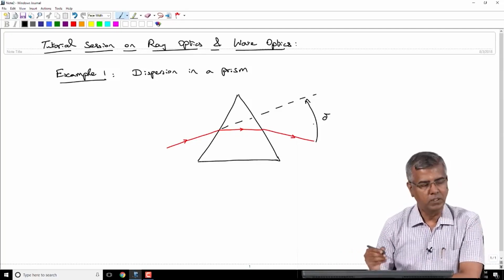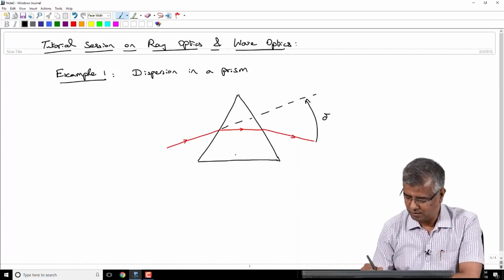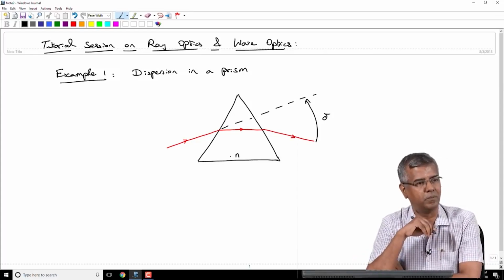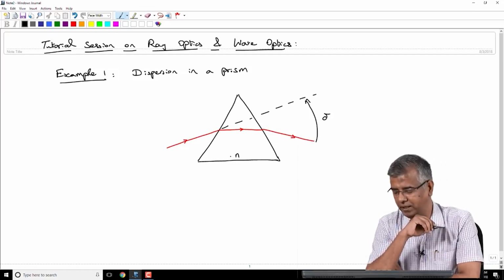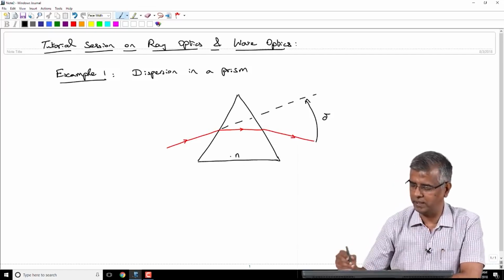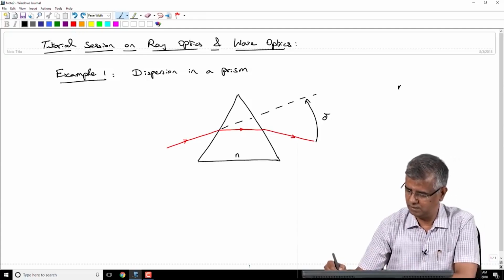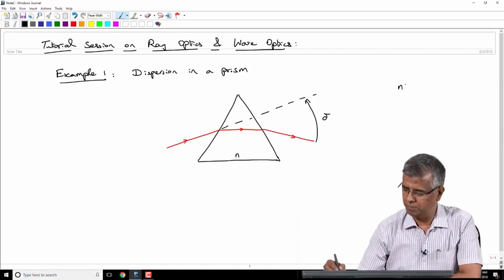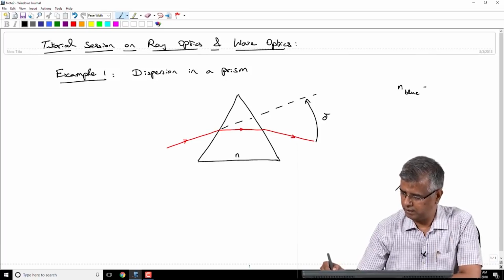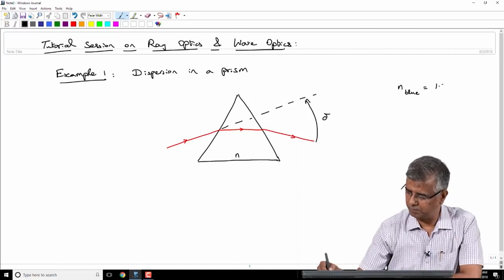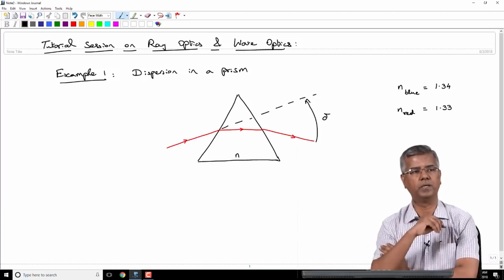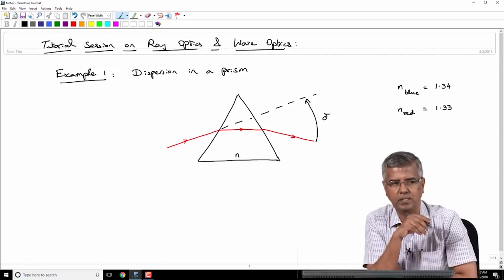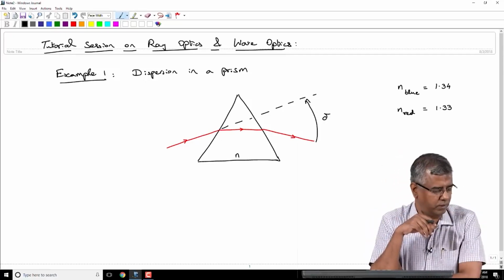So to do that, what do we have to define? We have to define the refractive index of the material. Let's say we are modeling a water droplet. Water has a refractive index for blue color of approximately 1.34, and for red color it exhibits a refractive index of 1.33, and other colors in between take values between 1.34 and 1.33.